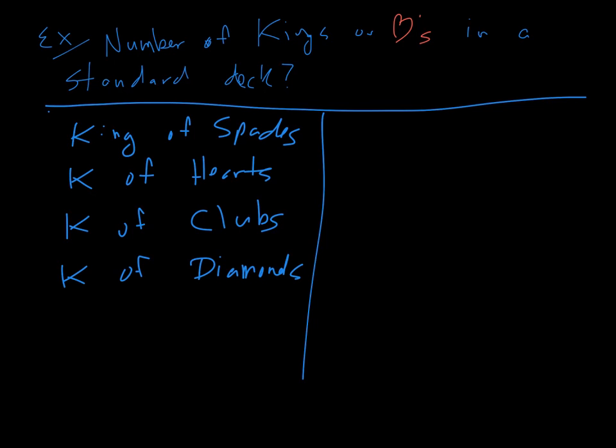So if I want to count the number of kings or hearts in a deck, then I would count the number of kings plus the number of hearts, and then subtract off the number of cards that are kings and hearts at the same time.